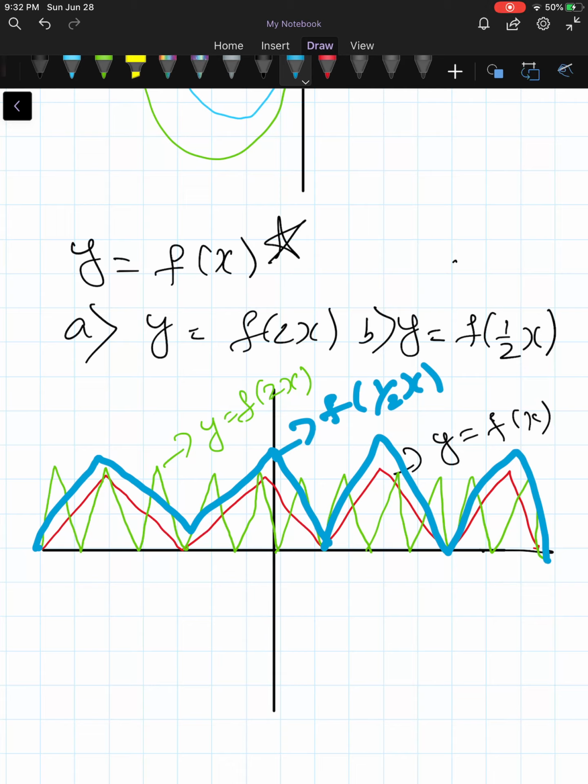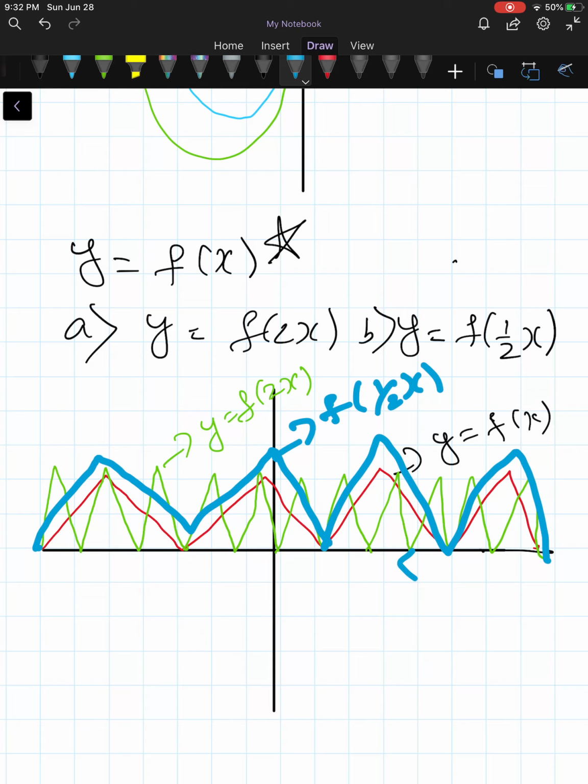Using the principles we described in the definition of horizontal stretching and shrinking, for A, we shrink the graph horizontally by a factor 1/2 to obtain the graph marked in green. And for B, we stretch the graph horizontally by a factor 2 to obtain the graph marked in blue.